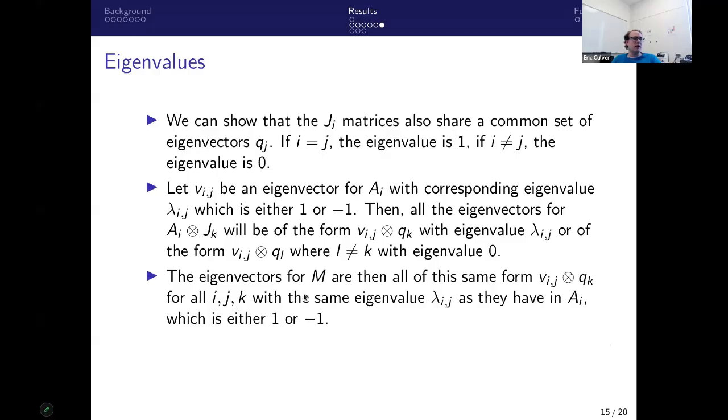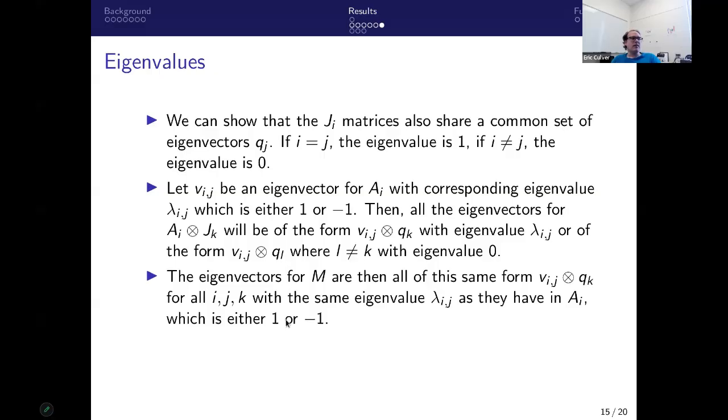because they're either the same as the A sub I's or they're zeros, but the zeros occur exactly where we have the non-equality index.